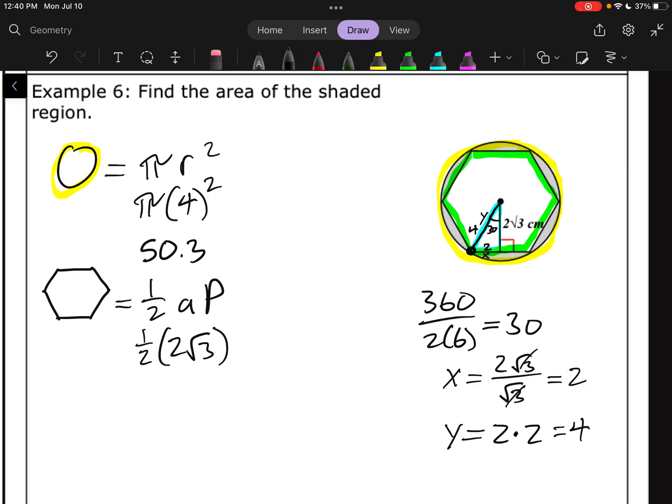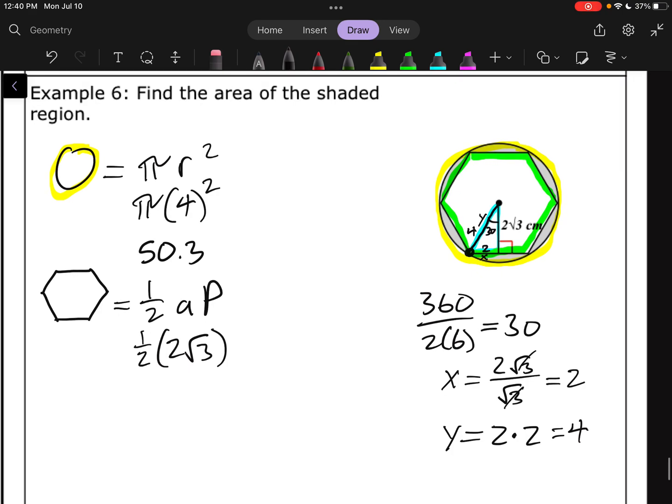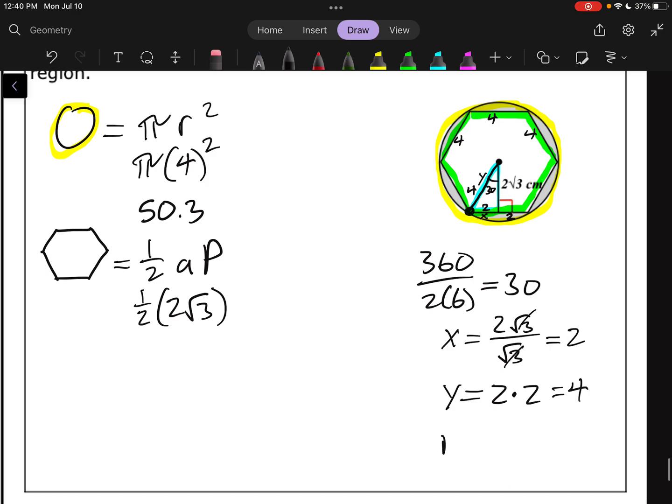Because if that little short leg of the 30, 60, 90 triangle is 2, remember the apothem also splits that side in half, so the other side's also 2. And 2 and 2 tell us that every single side on this hexagon is 4. So our perimeter should be 6 times 4, which is 24.